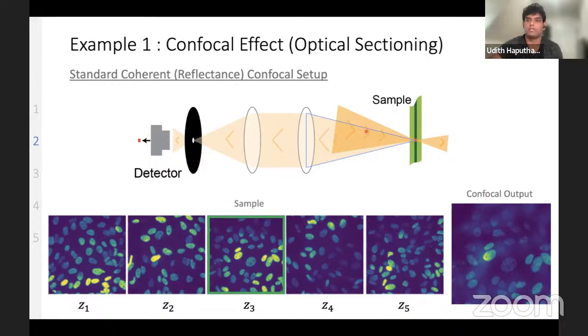As mentioned, this is a point scanning setup, which means at one time we only image one point, and we have to move the entire setup across the sample, or move the sample, to image the entire field. We get this type of output, which is more or less similar to the middle plane of the sample, and the setup removes the light that comes from the other planes. So it does the job, but there are a few artifacts.